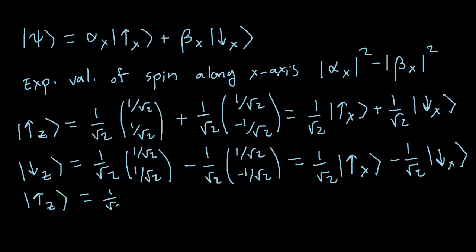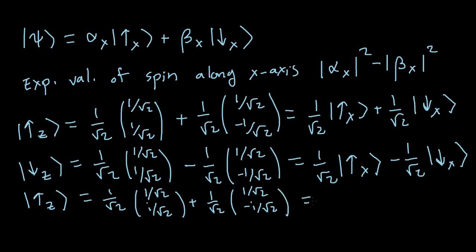Yeah, okay. 1 over root 2 times the vector with components 1 over root 2 and i over root 2, plus 1 over root 2 times the vector with components 1 over root 2 and minus i over root 2, which is just 1 over root 2 times the spin up state in the y direction plus 1 over root 2 times the spin down state in the y direction.